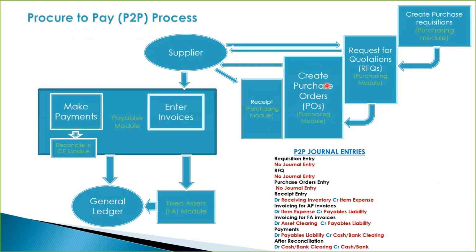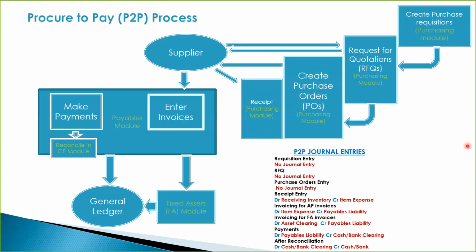Because even though these processes are mostly done by the end users, meaning the people who are employed by the business, for example, accountants, data entry clerks, and people like those, you will need to understand the process so that you can give the best solution for the client as far as the implementation of the Oracle financial system is concerned. So I'll walk you through the whole process from the beginning all the way to the end.